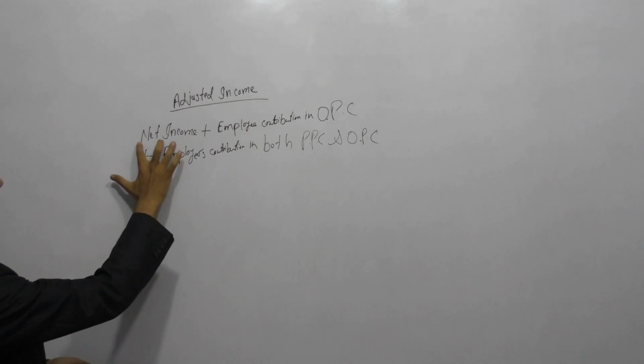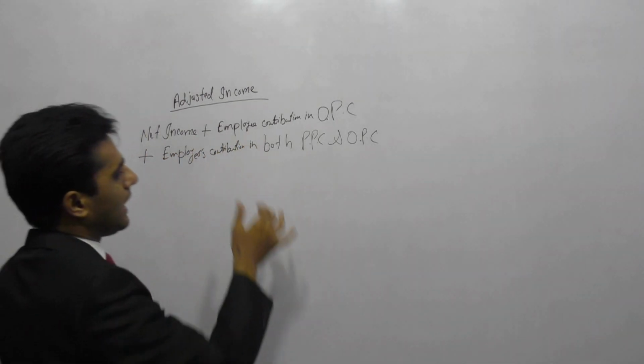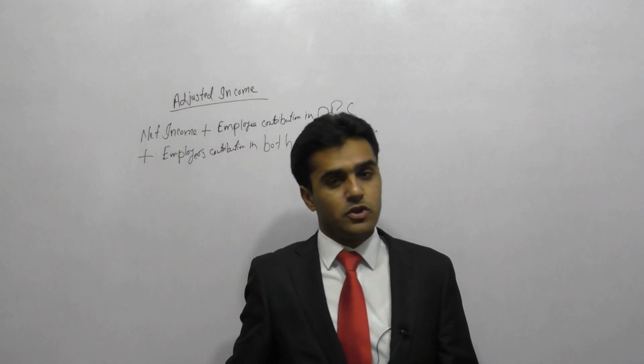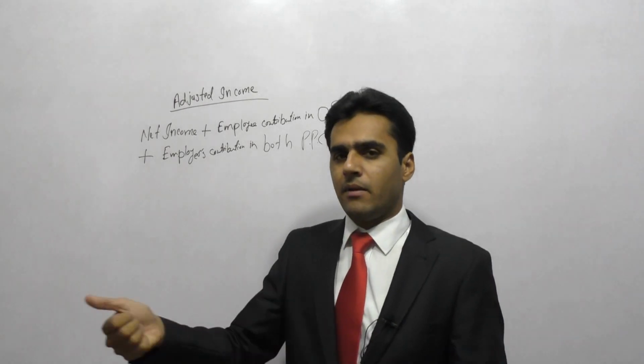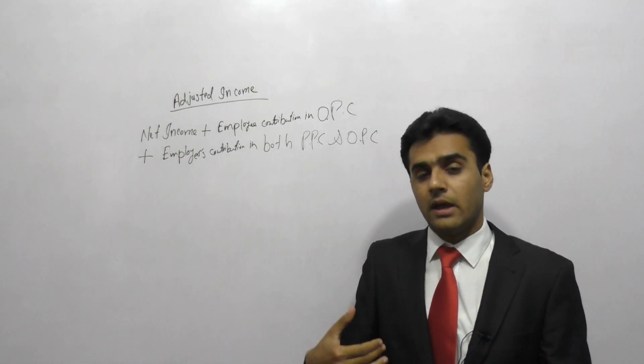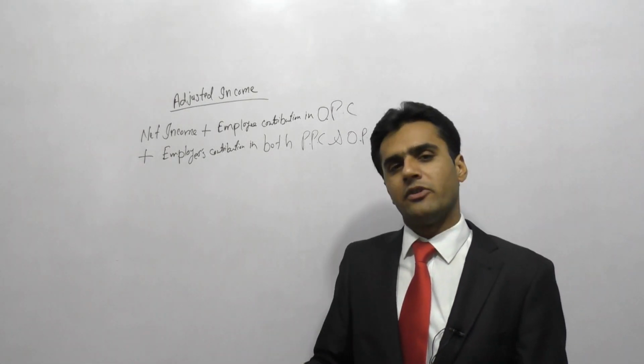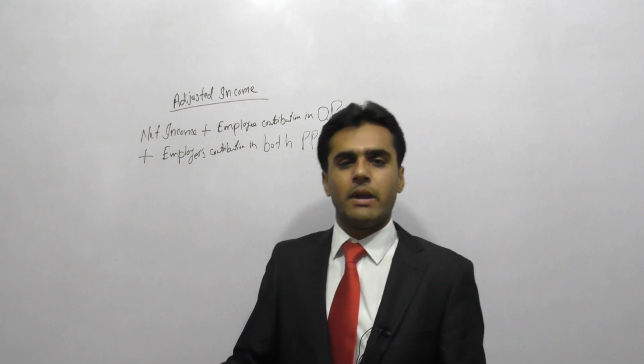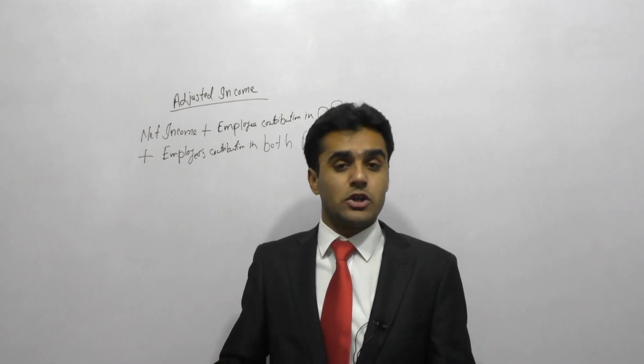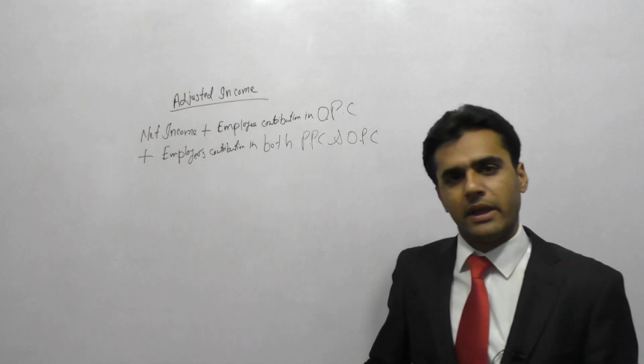We'll take net income from our income tax pro forma. If I am an employee of Accountancy Tube, and my employer Accountancy Tube makes my pension with an occupational pension scheme, then I will pay to my employer, or my employer will deduct it out of my salary, but I am paying it.